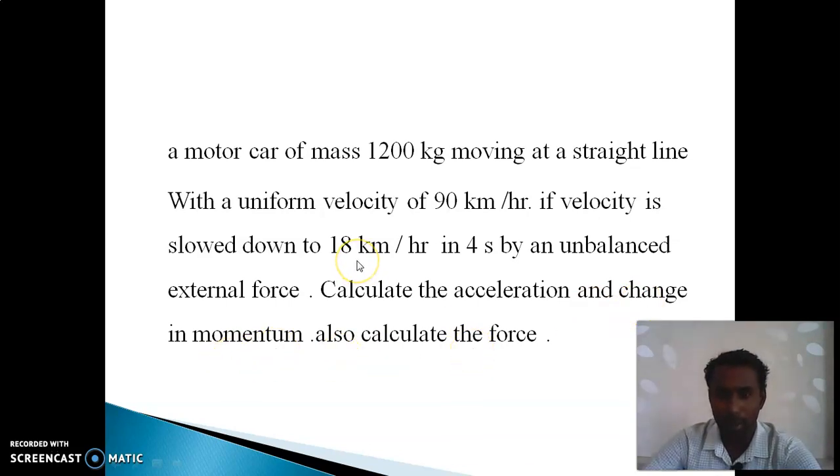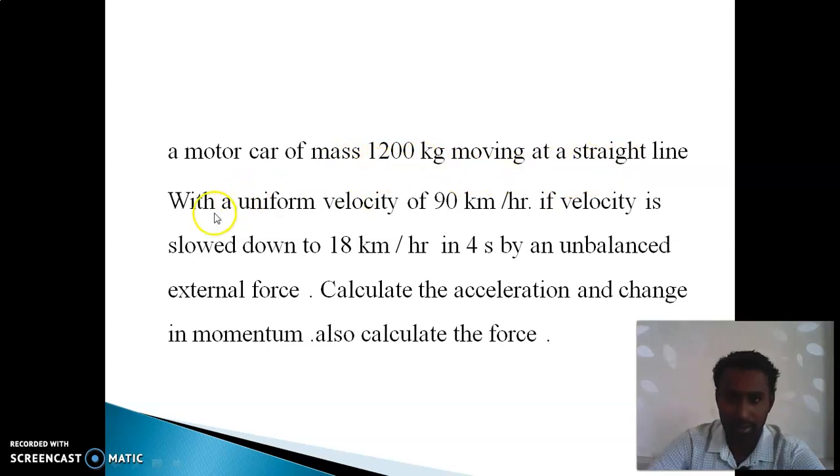So once you read the problem, what is the basic idea? What is the data given? Just identify the data. Mass 1200 kg. Already kilogram they have given, so no need to convert.